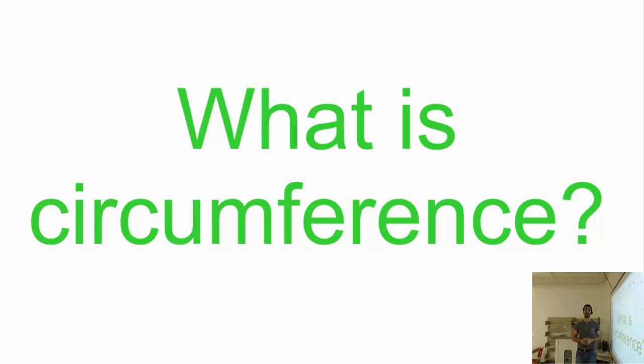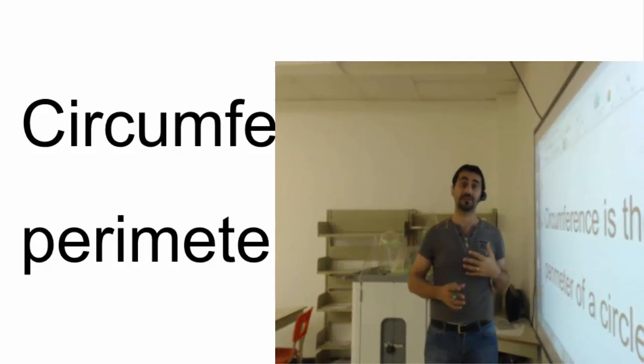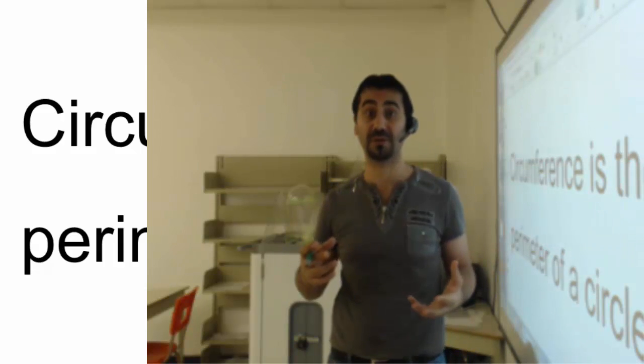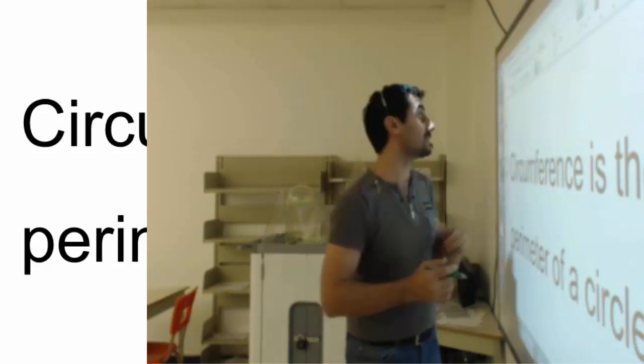Now, what is circumference? Is it something very different? No, it is not. Circumference is the perimeter. But for a circle, it has a different name instead of perimeter, because a circle doesn't have straight lines.